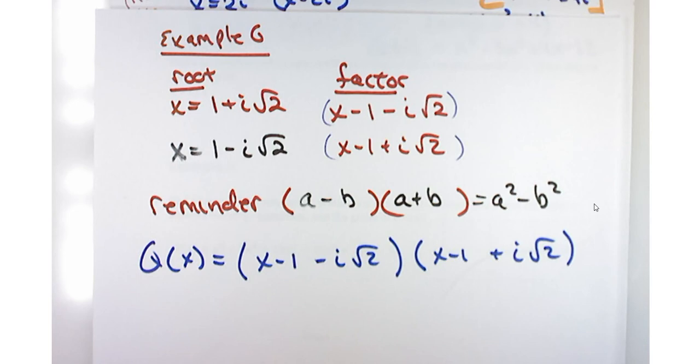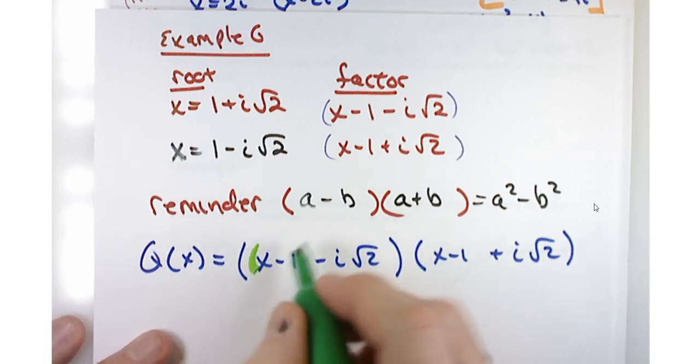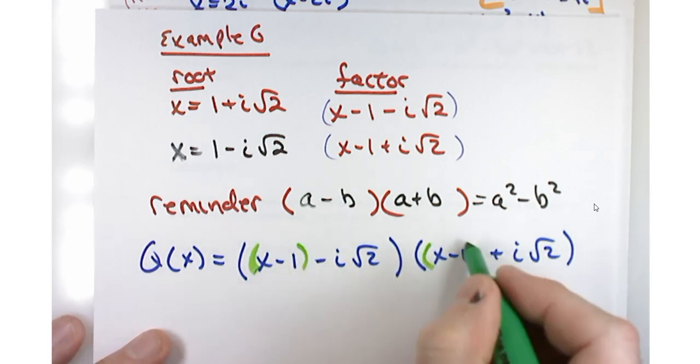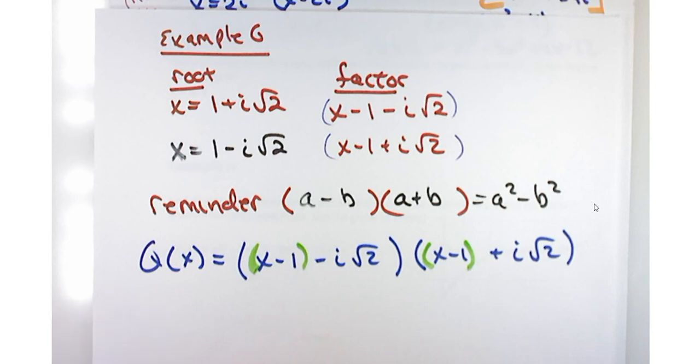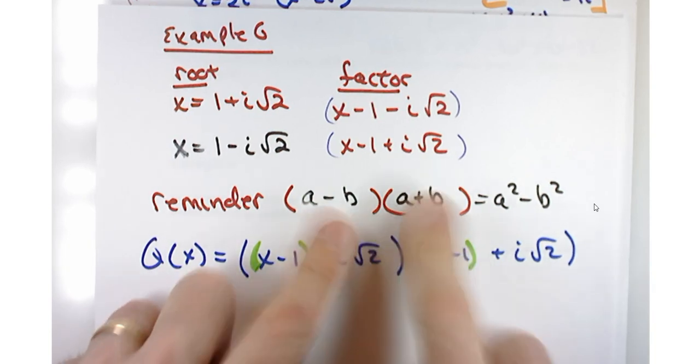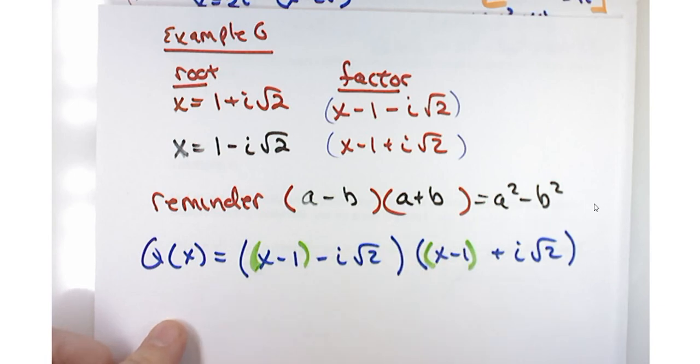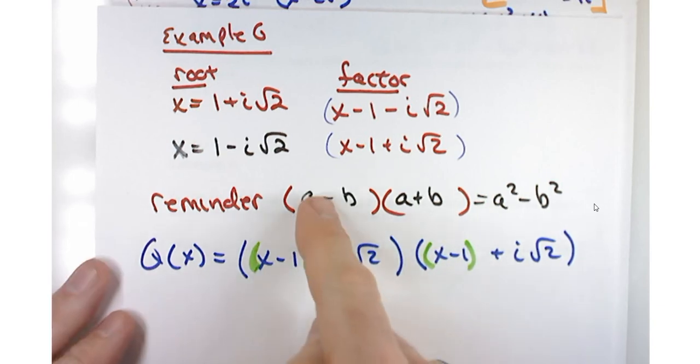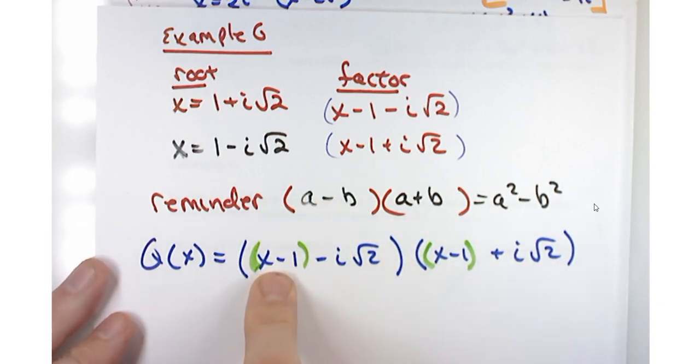But let me work on that with you a little bit. Let's put parentheses around that x minus 1 term and regard it as one whole term. Is this starting to look a little bit like this formula up here? What would my a be? a would be the x minus 1. What's b? Oh, it's i times the square root of 2.